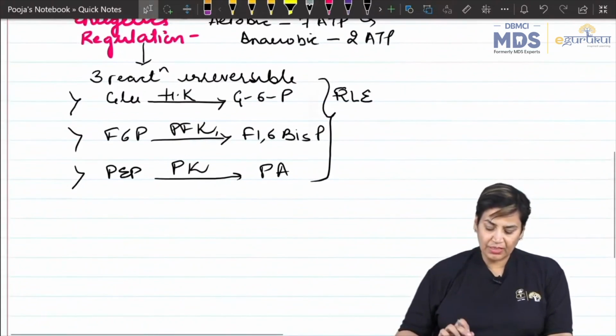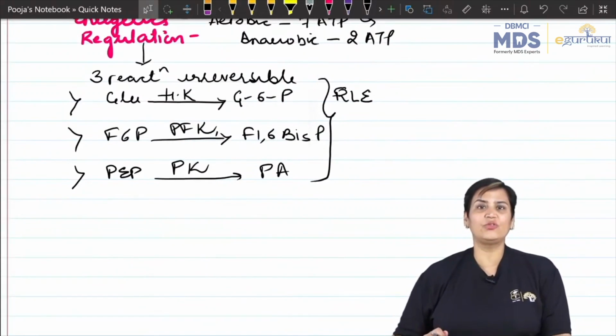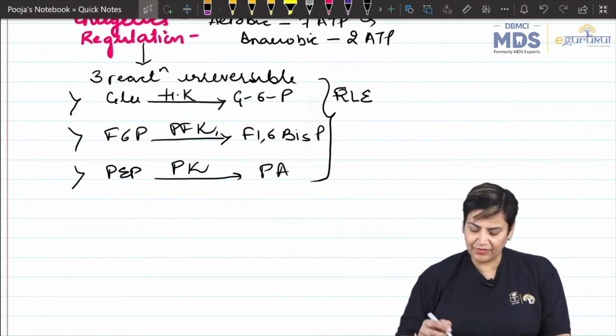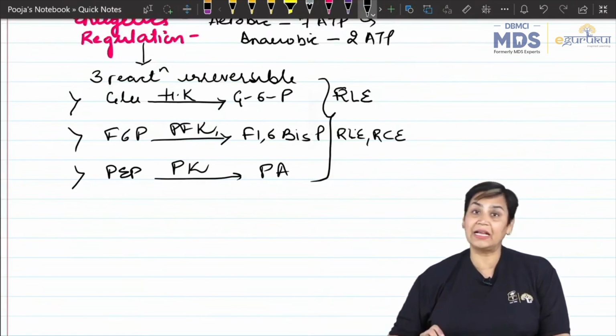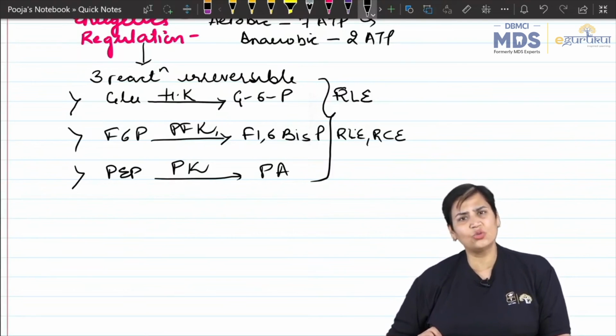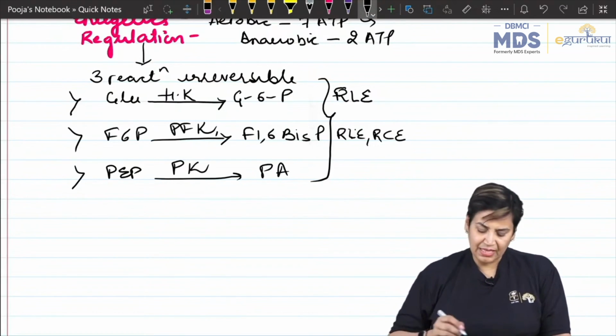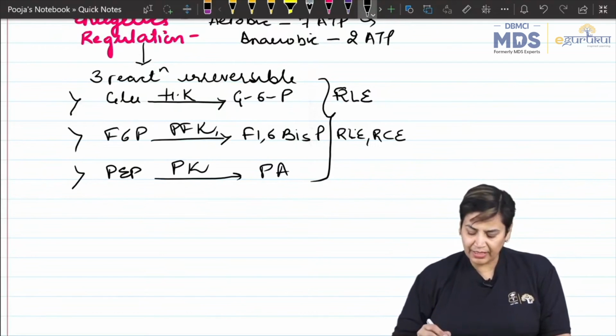Fructose 6-phosphate to fructose 1,6-bisphosphate is rate limiting as well as a rate committed enzyme. I discussed this in detail yesterday, because this question has been asked so many times in the exam and there is always confusion. But still, I will rectify the confusion here itself. And the third, phosphoenol pyruvic acid to pyruvic acid, is again a rate limiting enzyme.